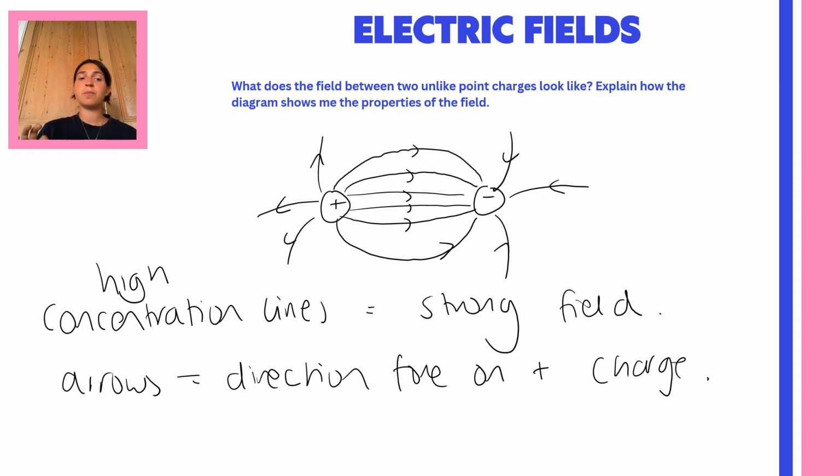What they're showing is if you put a little positive charge somewhere in that field, those arrows would show you the direction of the force on that positive charge. Let's say I put a little positive charge in between the positive and negative. It's going to be repelled from the positive and attracted to the negative at the same time, and it's going to go off towards the right here.